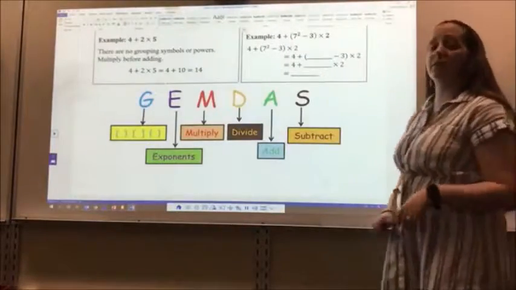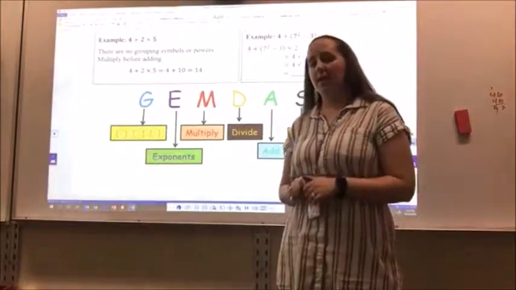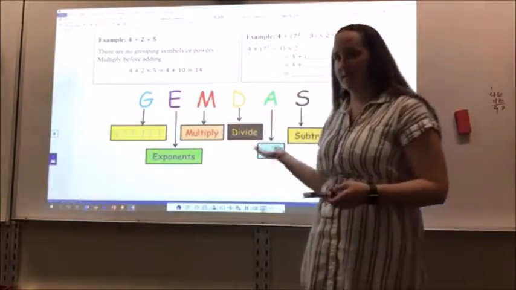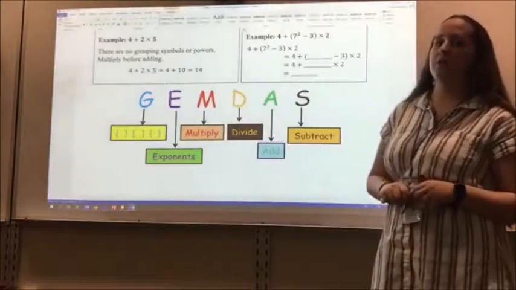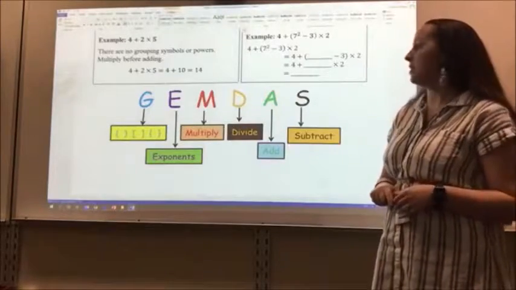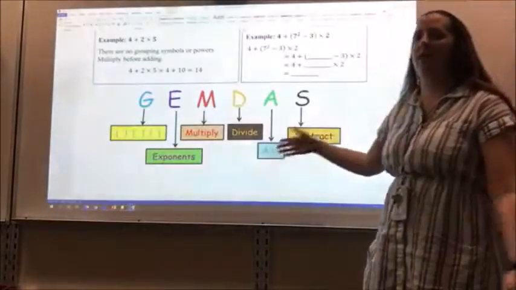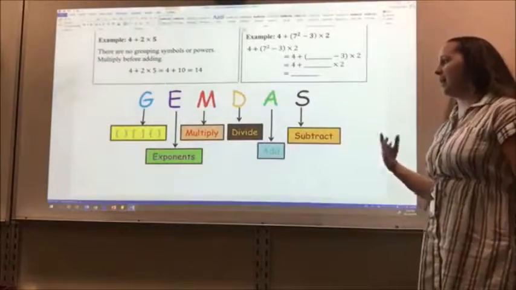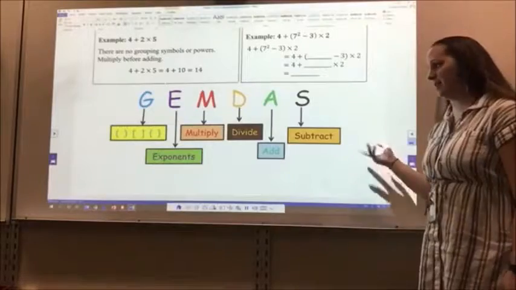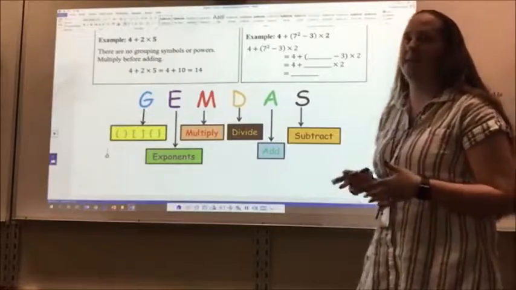All right, the last thing on this page is GEMDAS. It's very similar to PEMDAS, and you can use this as well. G stands for grouping symbols, E is exponents, M multiply, D divide, A add, S subtract. So it's almost the exact same thing.